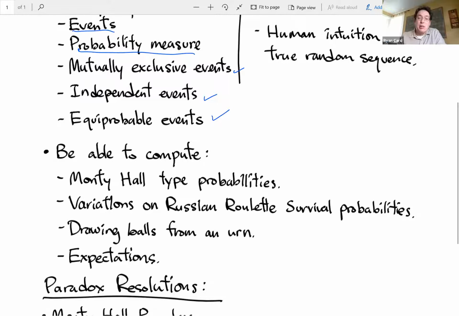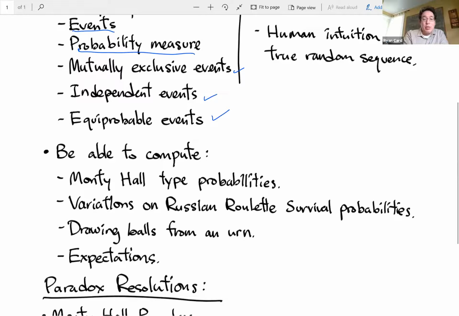And it's easy to put a spin on it, right? You can change the number of prizes behind the doors, you can change the number of doors, you could also change the number of false doors that's revealed, and so on.